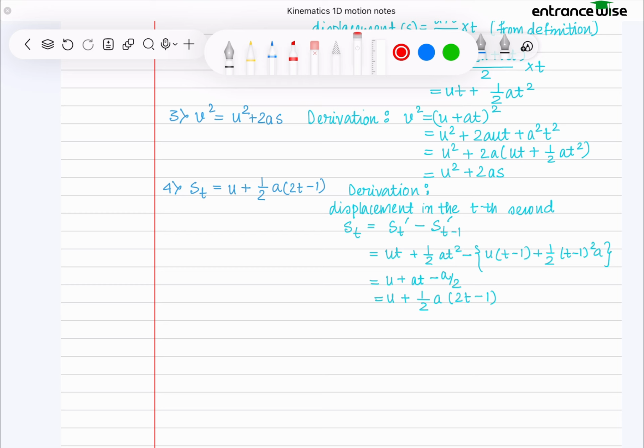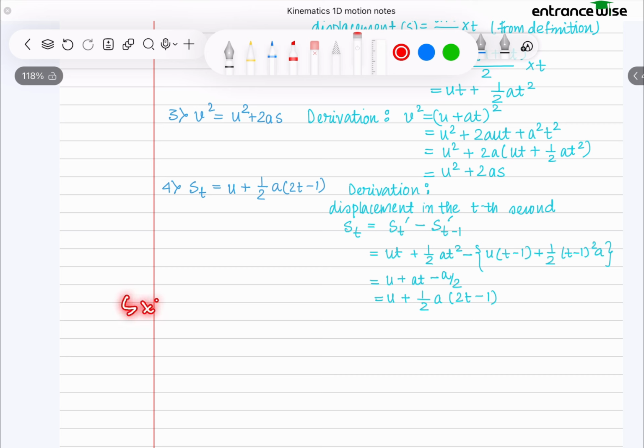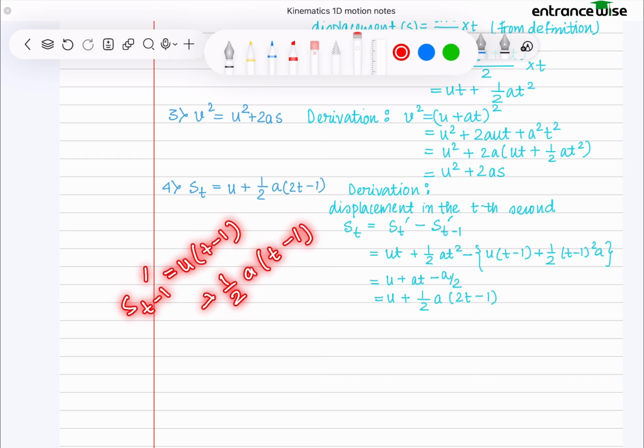So for that we get St equal to ut plus half a t square, and then we will write the total distance covered in time interval t minus 1. So we can get S(t minus 1) equal to u into (t minus 1) plus half a into (t minus 1) whole square.